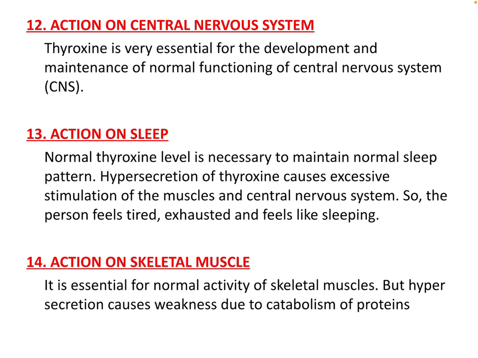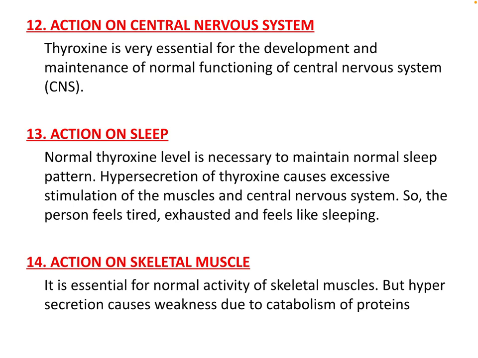Next, its action on the normal functions of CNS. Thyroxine is a stimulating factor for central nervous system, particularly the brain. So the normal functioning of brain needs the presence of thyroxine. Thyroxine also increases the blood flow to brain. Thus, during the hypersecretion of thyroxine, there is excess stimulation of CNS.